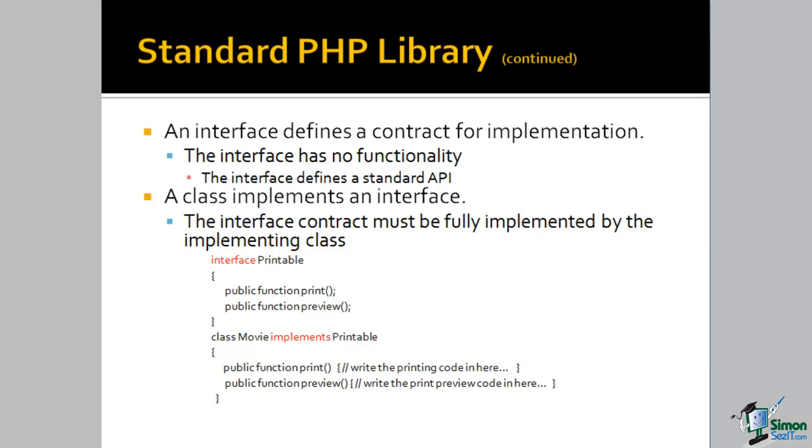So when my movie class implements the printable interface, along with any of its other functionality, it must provide the definition of a print and a preview function, so that this guarantees for anyone that wants to use a class that is printable because they have implemented the printable interface, it guarantees for that user of that class that they can call the print function or that they can call the preview function.